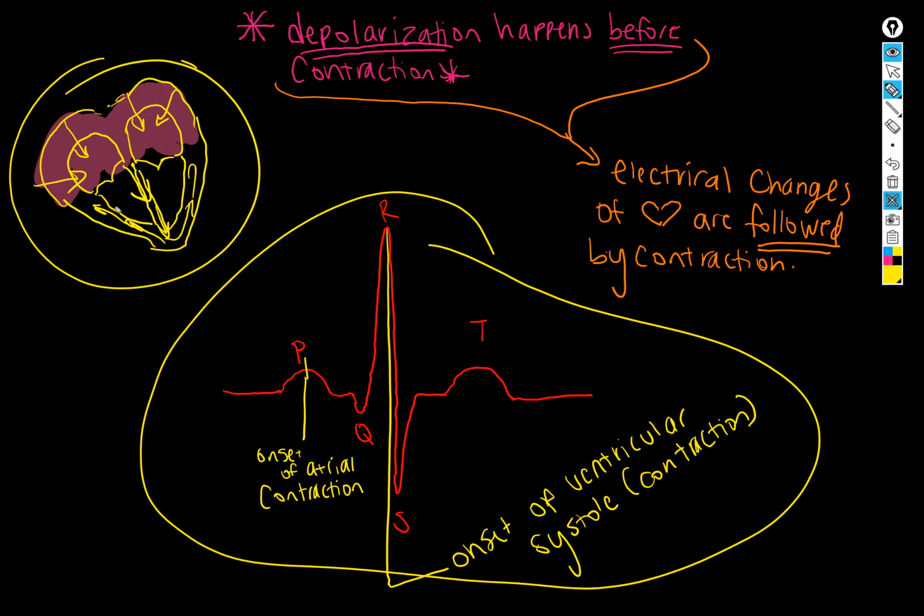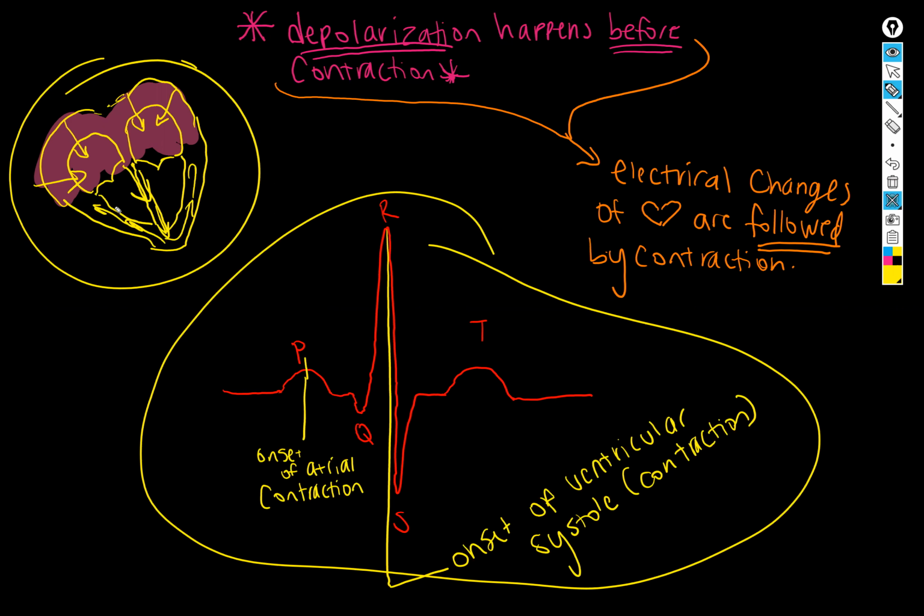On a whole-heart scale, there's a delay where electrical changes followed by contraction have successfully overtaken the entire top part of the heart. But due to the AV node's permeability difference to ions, the carrying of the nodal cell signal down to the bottom story of the heart, let's call it, is just held up for a minute. And that's not the same delay as the first one I mentioned.